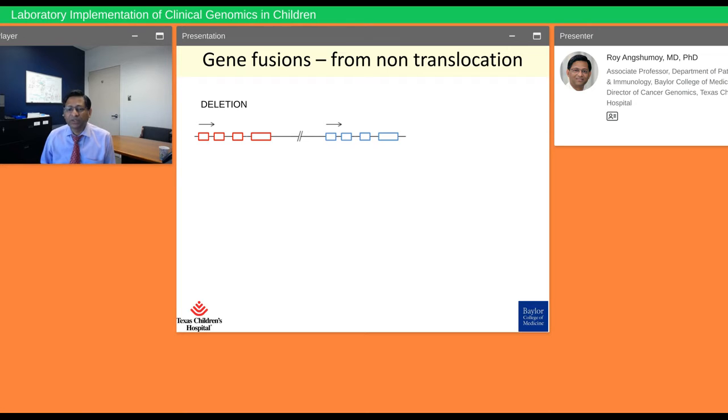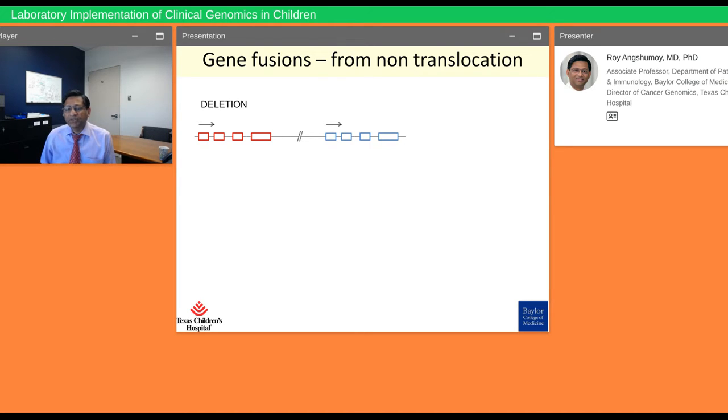So one of them is an intrachromosomal deletion, in this case shown over here as a deletion. On the left is a gene that is colored in red, so we'll call this gene A, and on the right is gene B in blue. They are both transcribed in the same direction on the same chromosome.